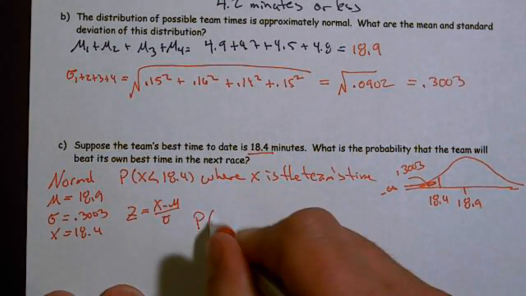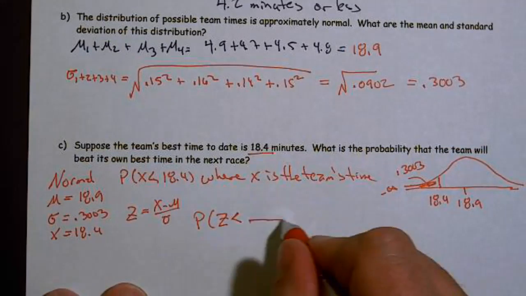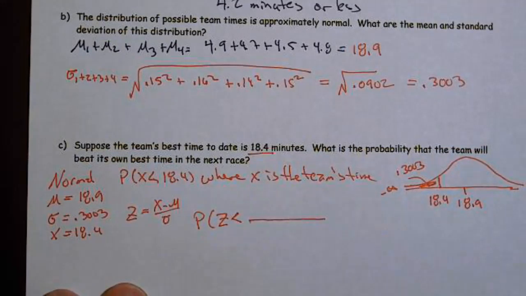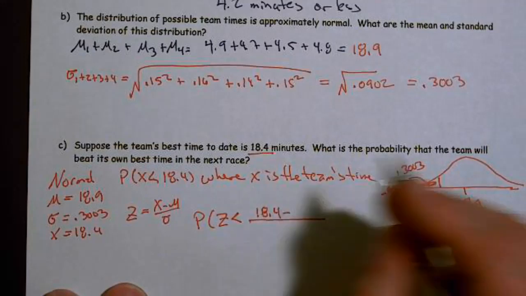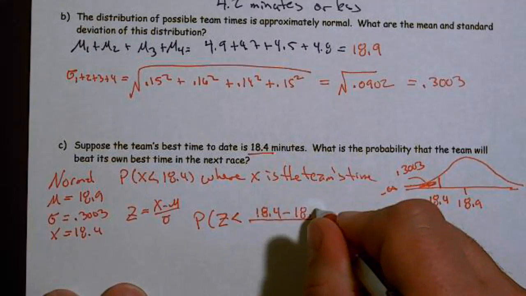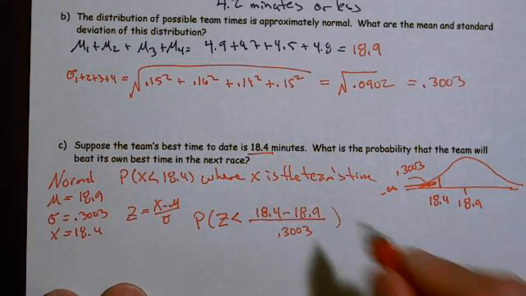We want the probability that Z is less than 18.4 minus 18.9 divided by 0.3003.